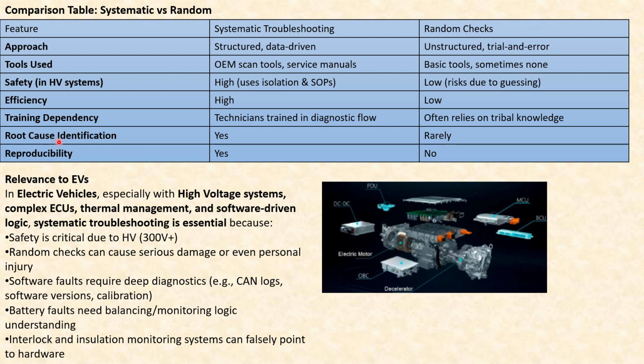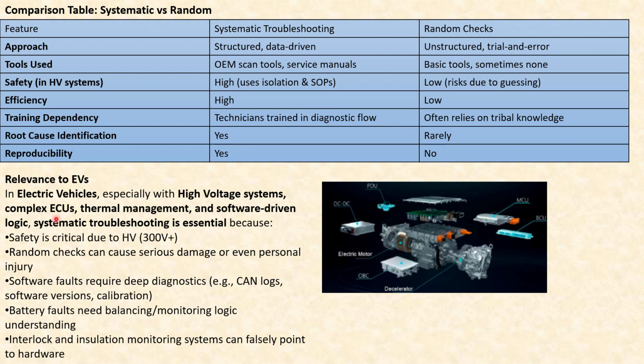When it comes to root cause identification, in systematic troubleshooting it happens most of the time. On random checks, it rarely happens. In systematic troubleshooting it is reproducible; you can go through the same steps for different scenarios, but with random checks it is not possible.